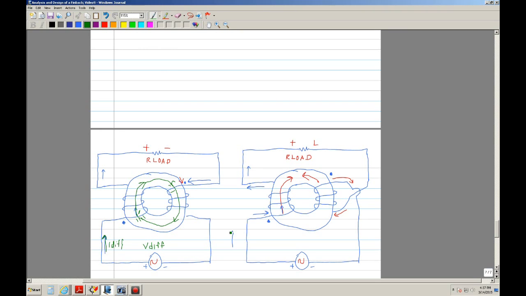So that's good. This is what is called diff mode. You can see that these are on the opposite side.